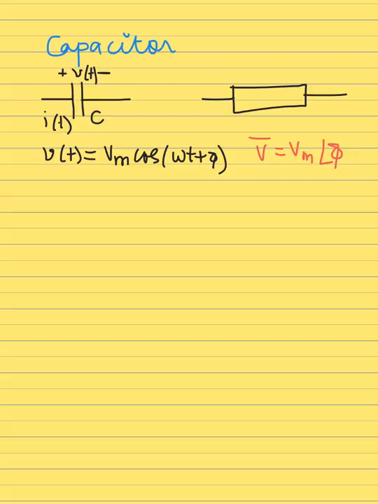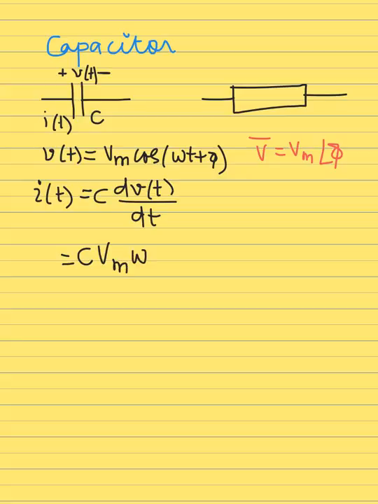Okay, so we know for a capacitor, i is given by C dv/dt. So you do a bit of analysis, it comes to C Vm ω and negative sine(ωt + φ).